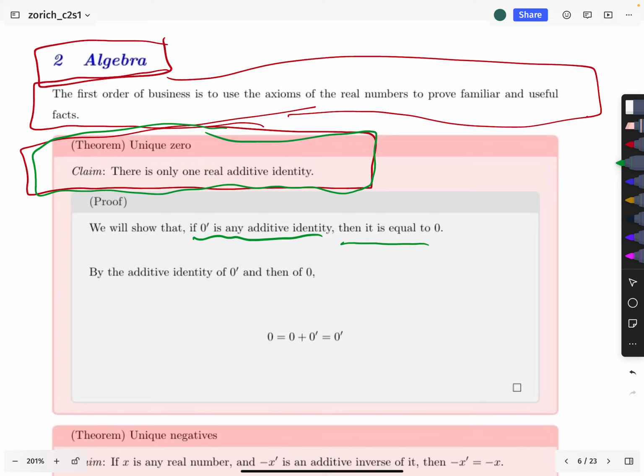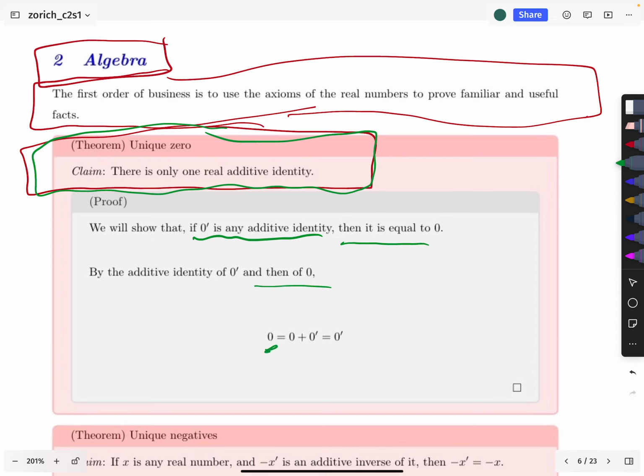By the additive identity of 0 prime, we can start by writing down 0 and say that it is the same thing as 0 plus 0 prime, right? Well, am I starting from the additive identity of 0 prime or 0?